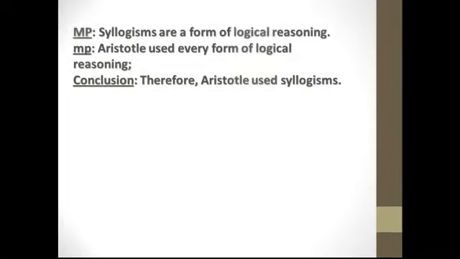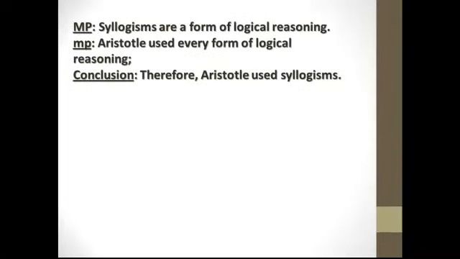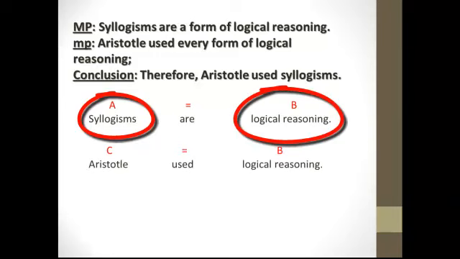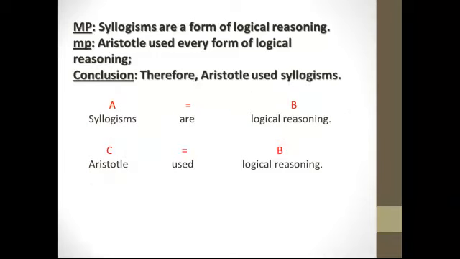Sometimes it's helpful to look at syllogisms almost mathematically. So syllogisms are logical reasoning. We can say A equals B, defining different terms. Aristotle, I've now introduced a third term. So we have syllogisms, logical reasoning, and Aristotle. Aristotle used logical reasoning. You can see I've pulled down the B term.